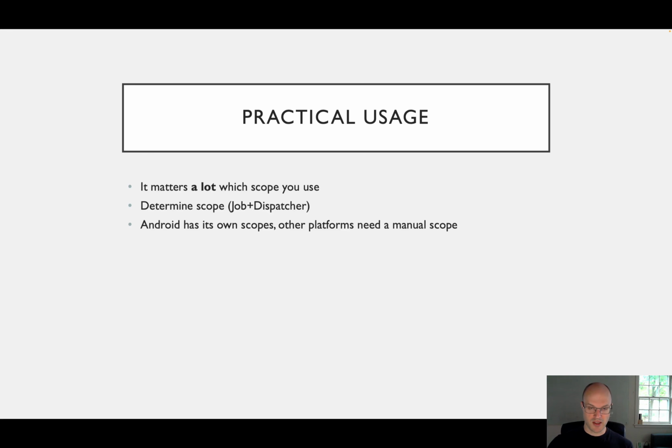In particular with Kotlin Multiplatform, Android has its own coroutine scopes, for example, the view model scope. You want to make sure that you're using that scope in situations where that lifecycle makes sense, where that dispatcher makes sense for you. If you're working on other platforms like iOS, you're going to have to do some manual scope management.